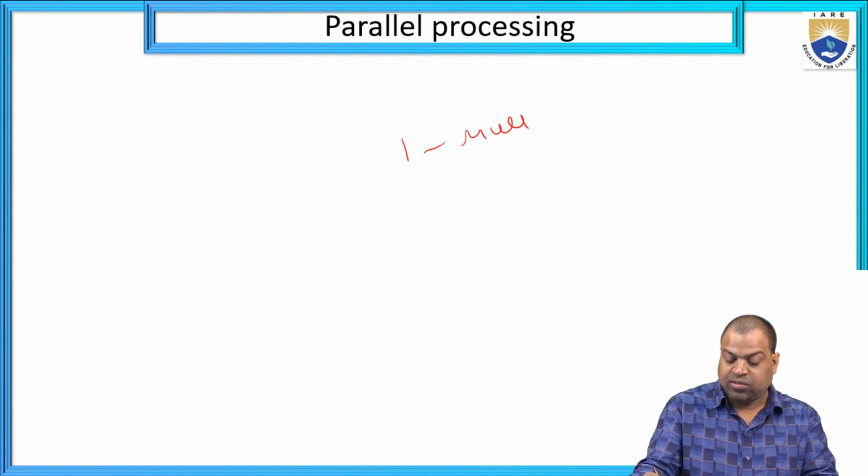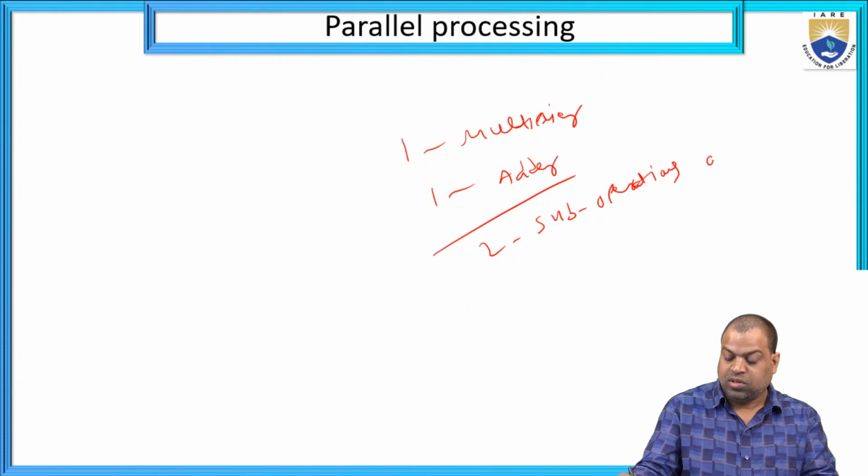One multiplier and one adder. So two sub operations are performed parallelly.